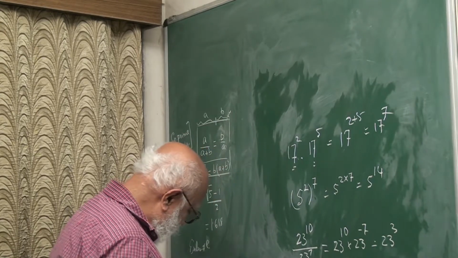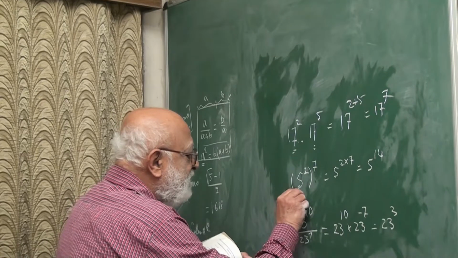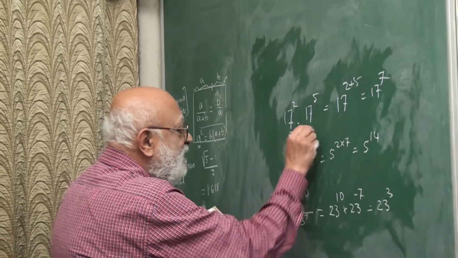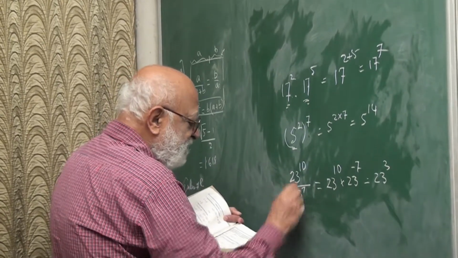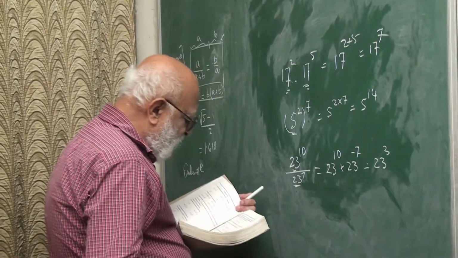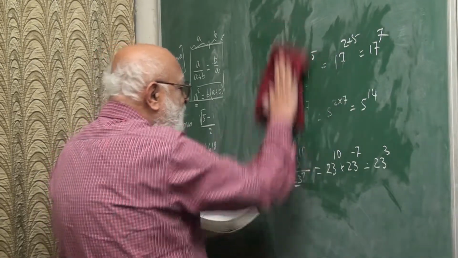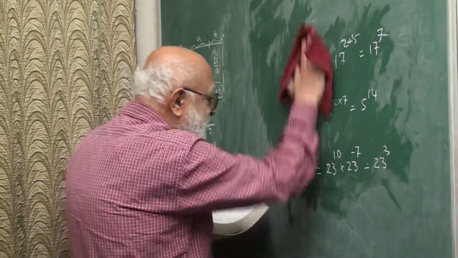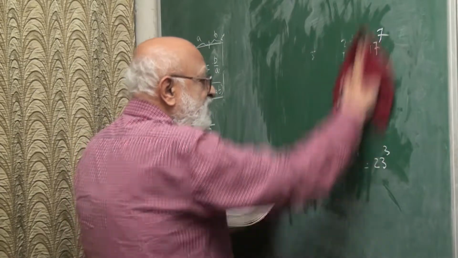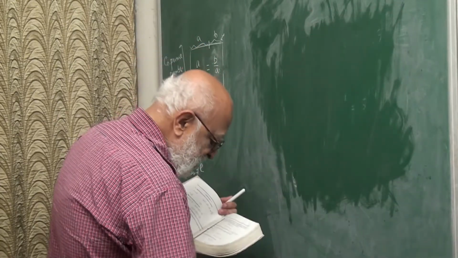Okay, now let's see. In all these examples we have taken, the base has remained the same. Let us do another example of the other kind, where the base is different but the power is the same.